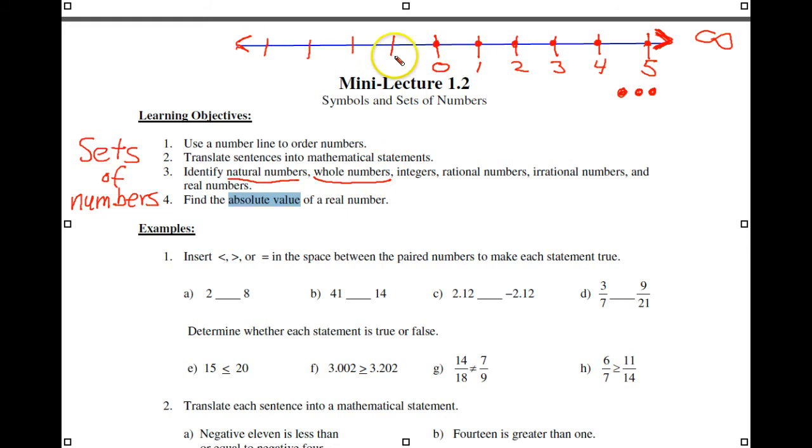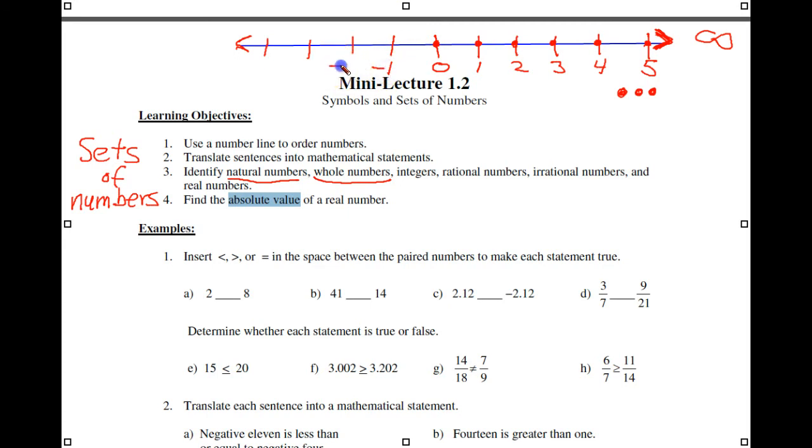Now notice on this side we haven't done anything with it yet, but actually on this side where you have a positive 1, there is an opposite to positive 1 on the other side of 0, to the left of 0, and that's a negative 1.